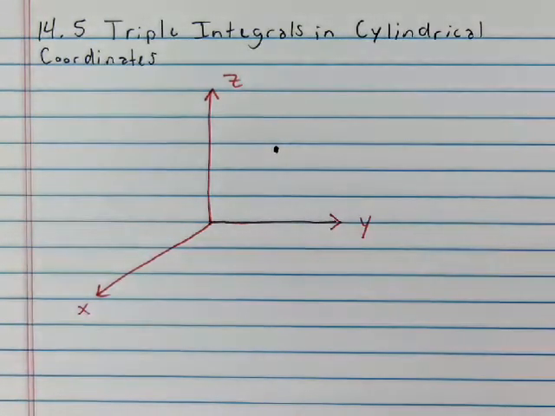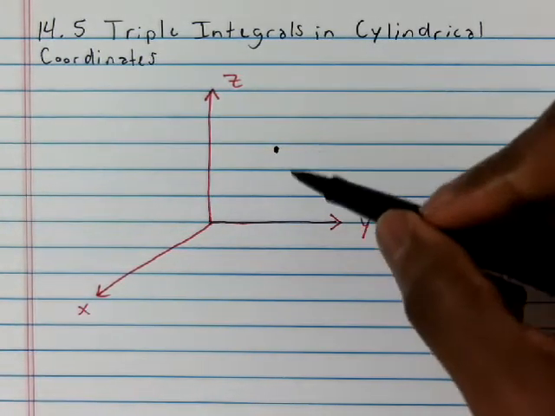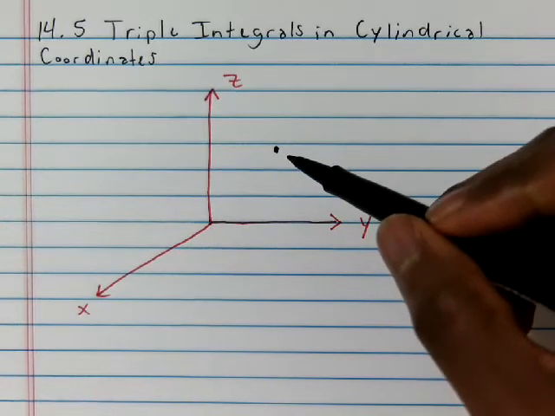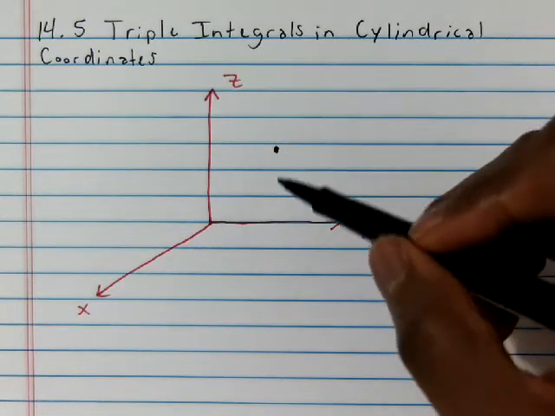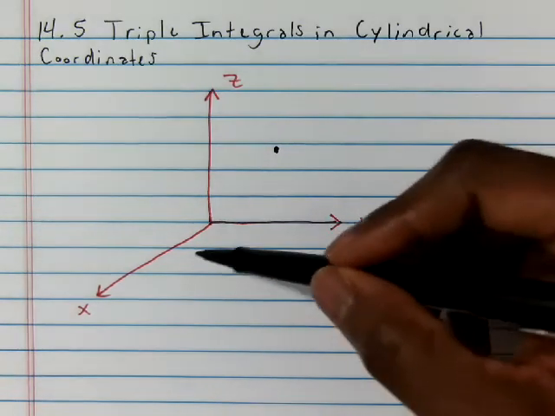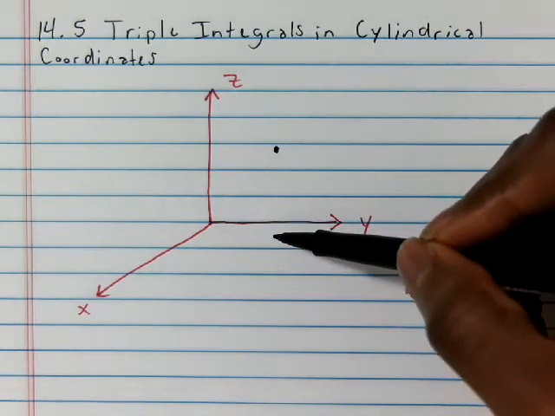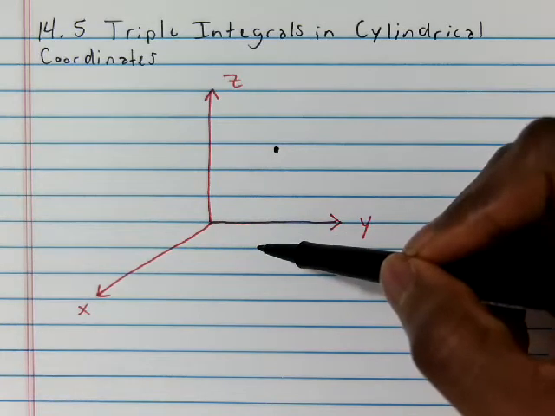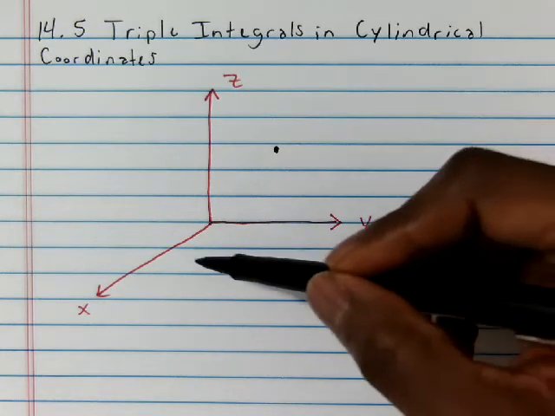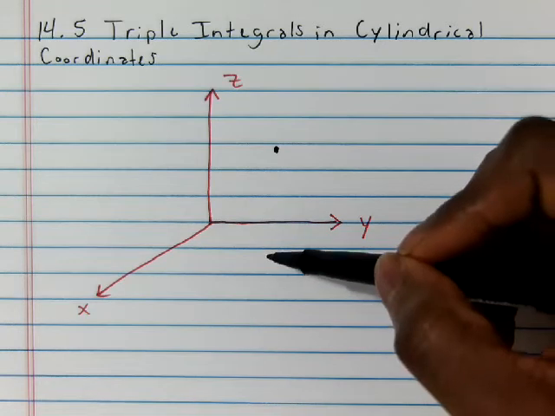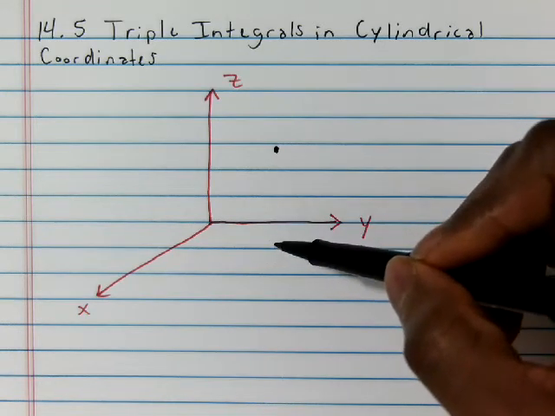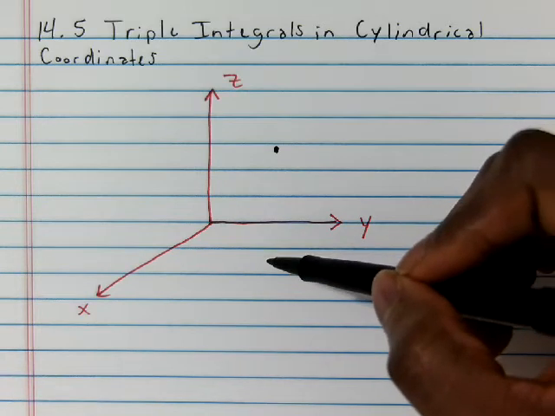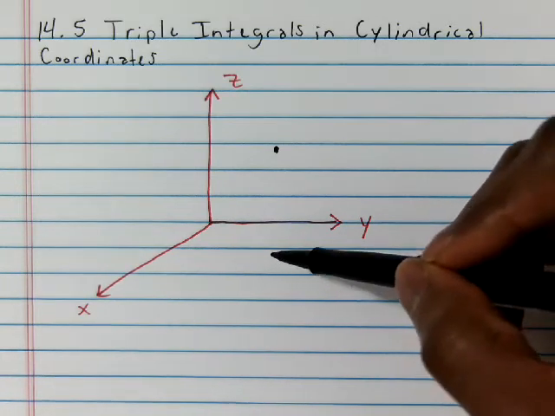I'm not going to label that point anything yet. So usually that would have coordinates x, y, and z. When we work in cylindrical coordinates instead, we talk about r, theta, and z. So the first part of cylindrical coordinates that we'll talk about is just basically polar coordinates in the xy plane, and then after using polar coordinates in the xy plane, you just go up or down directly above whatever your point was that you're considering in polar coordinates in the xy plane.